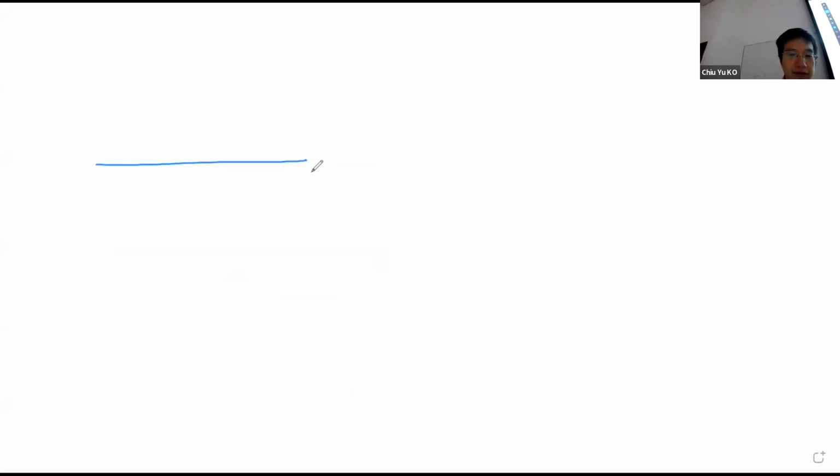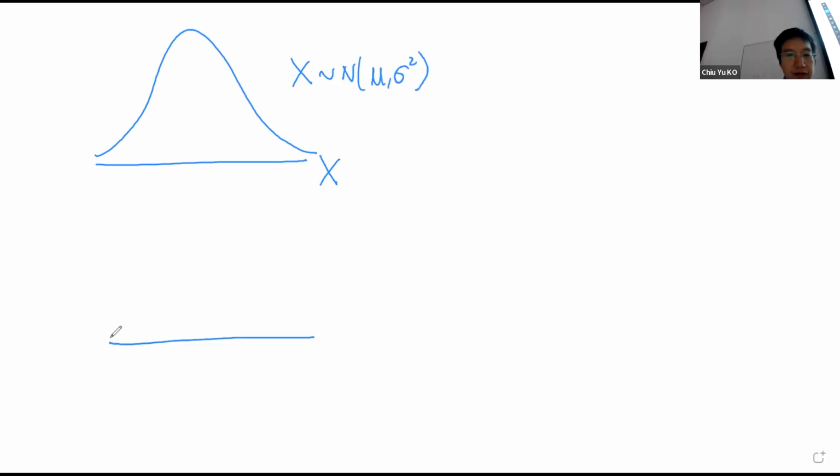The Z table is the following. Suppose I have a random variable following a certain normal. X follows normal mu sigma, say. And the Z table means the following. Z is actually normal (0,1). So basically mu is here, and Z simply means 0 is here.